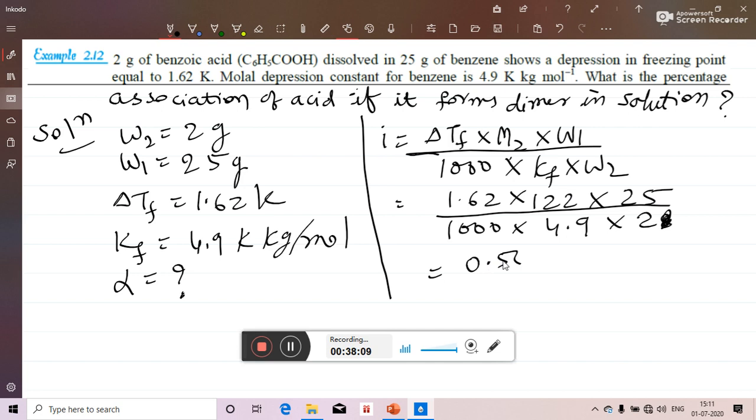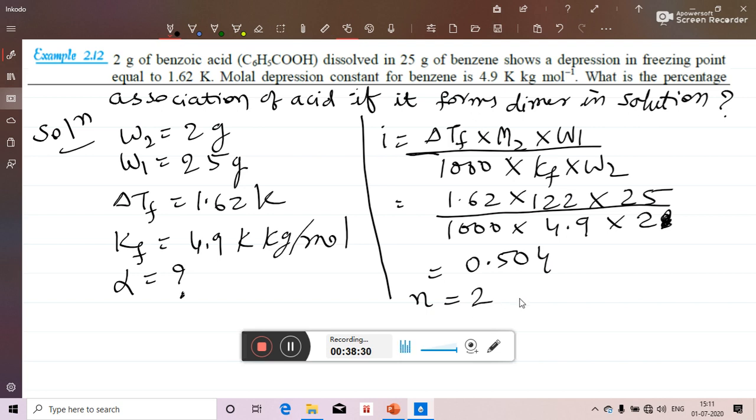Now we have to find out alpha. Now what is n? So here we will see that in case of benzoic acid, it undergoes association. So the value of n will be 2, means 2 moles of benzoic acid undergo association.